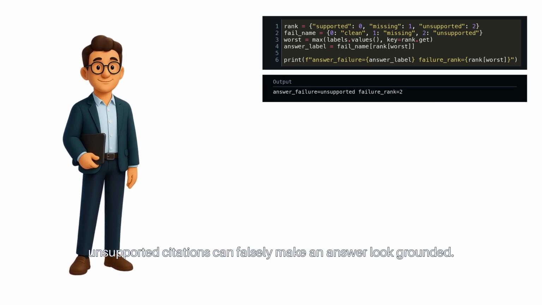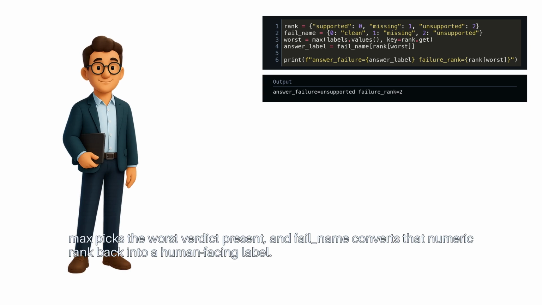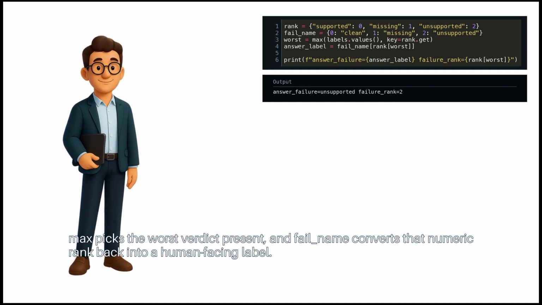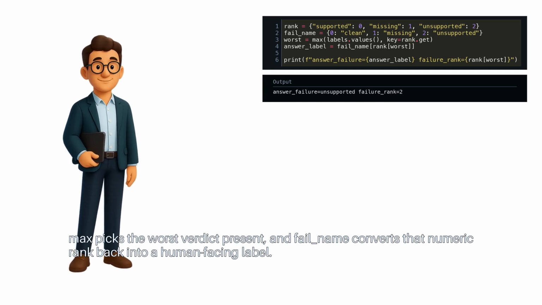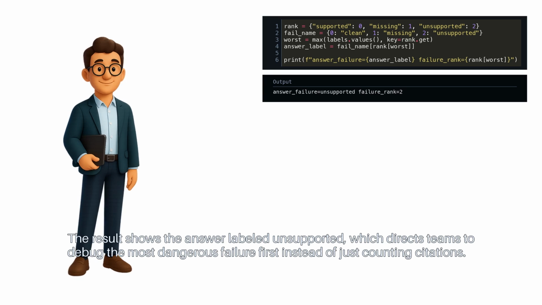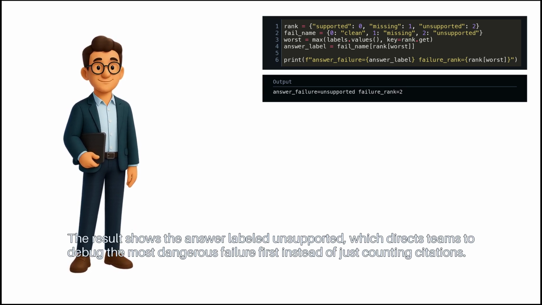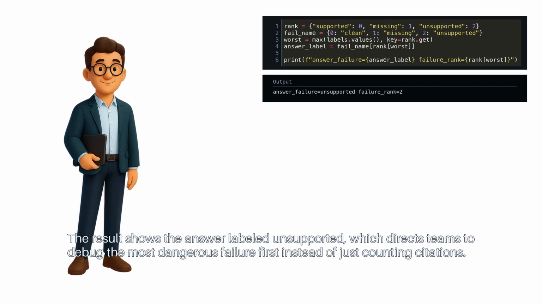Unsupported citations can falsely make an answer look grounded. Max picks the worst verdict present, and fail name converts that numeric rank back into a human-facing label. The result shows the answer labeled unsupported, which directs teams to debug the most dangerous failure first, instead of just counting citations.